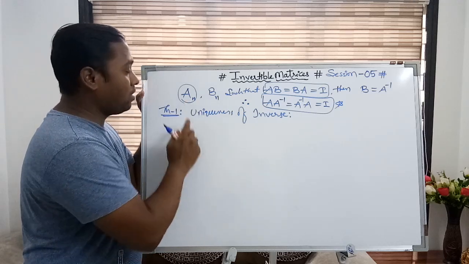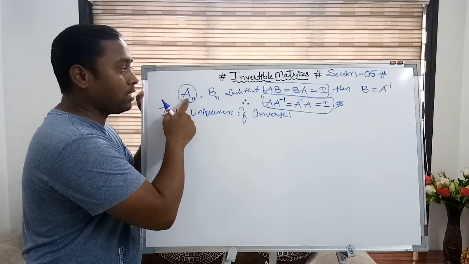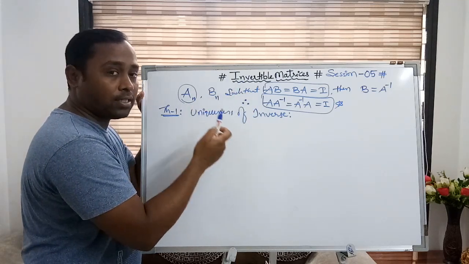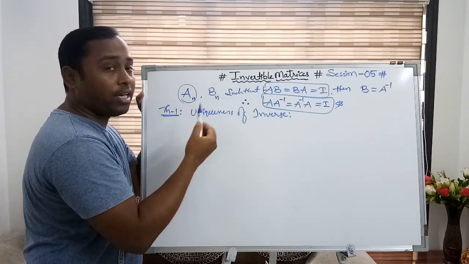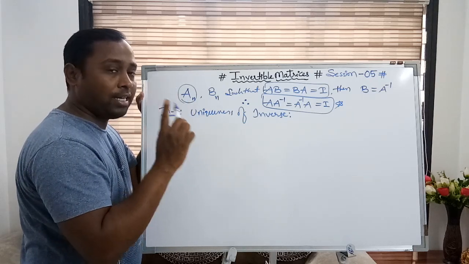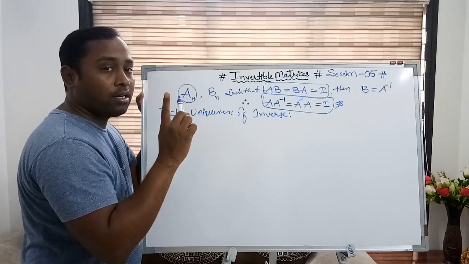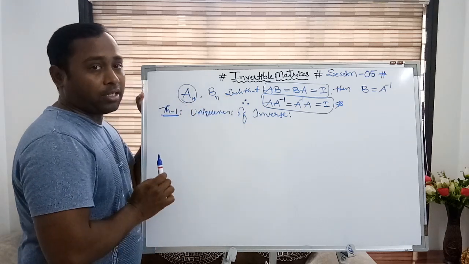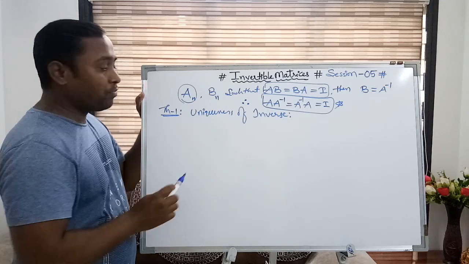In the same manner, here a square matrix, if its inverse exists, is unique in nature. It means it has one and only one inverse.